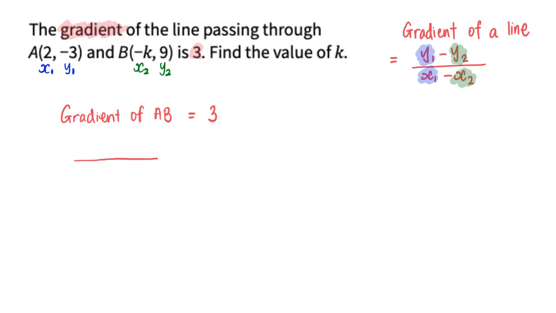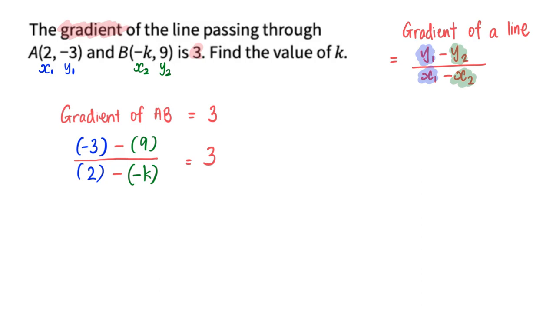Okay, so y1 negative 3 minus my y2 9 over x1 is 2. Usually I like to put brackets so that will prevent careless mistakes, minus negative k, this is equal to 3, and we are just required to solve this now.